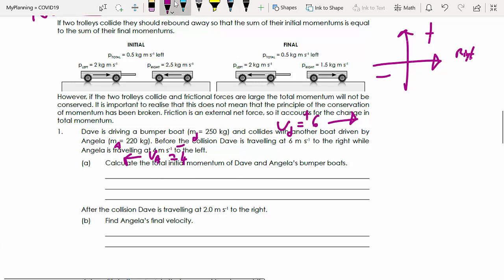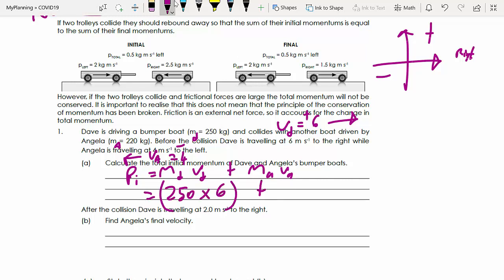Now calculate the total momentum of Dave and Angela's bumper boat. So P initial is going to be M Dave V Dave plus M Angela V Angela. Dave has a mass of 250 and a velocity of 6, and Angela has a mass of 220 and a velocity of minus 4.